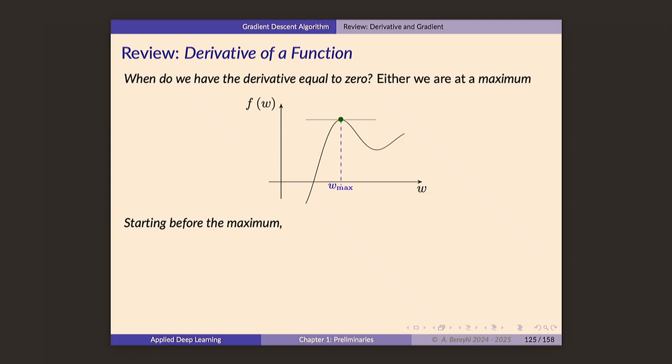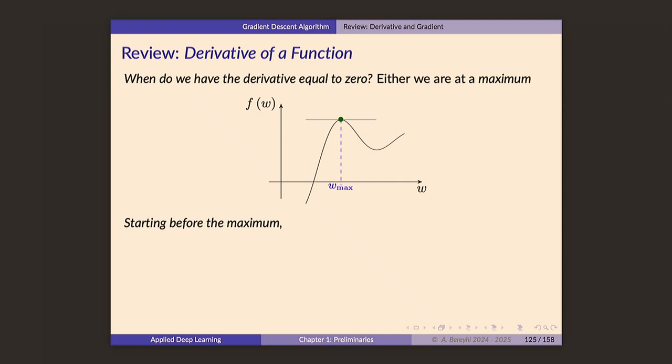At W max. Now, after W max, when I just move forward, what's going to happen to my function? Does it increase or decrease? It decreases, right? So what would be the sign of my derivative? Negative, right? So after this point W max, should I have my derivative here or here? Below, right? It's negative, correct? Clear?